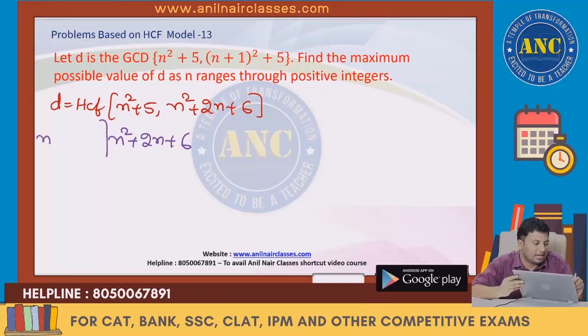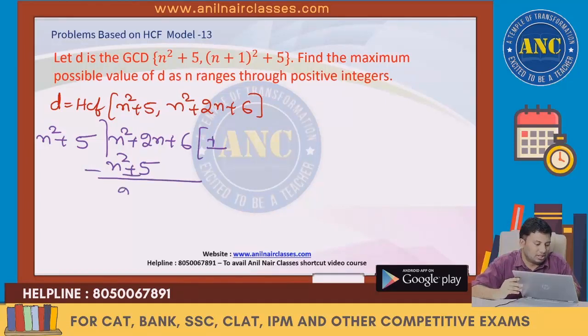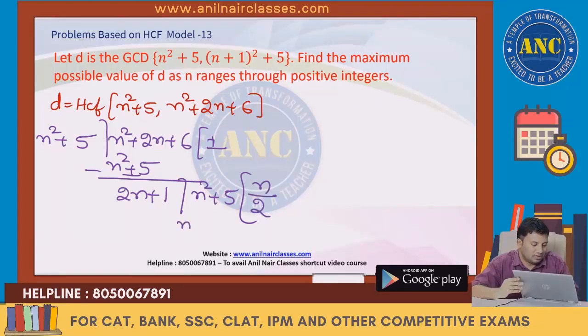It is getting divided by n squared plus 5. One time n squared plus 5, minus. So this is nothing but 2n plus 1 further divides n squared plus 5. I need n squared, so n by 2. This will become n squared plus n by 2, minus.